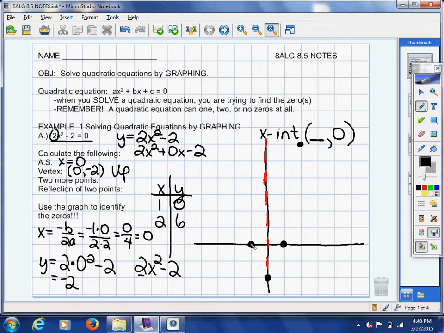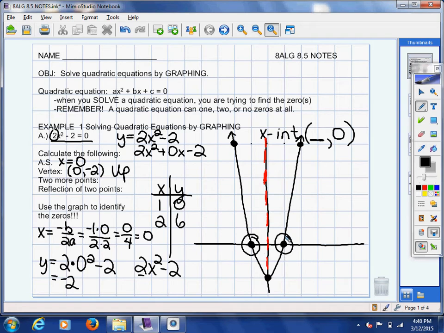Okay, and then come up here to our 2, 6. We are 2 units away from the midline, so we're going to go 2 units to the other side and mark it. So here's our graph. Okay, there it is in all its glory. And can we use the graph to find our zeros?